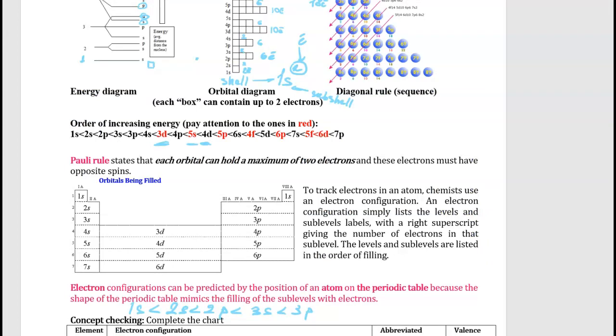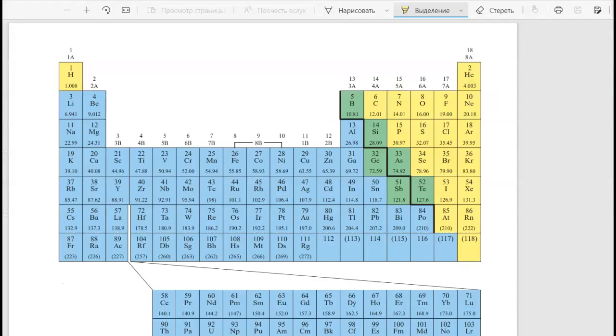Each element with the p subshell being built is located in the 3A, 4A, 5A, 6A, 7A, and 8A groups, or you can name them 13 through 18. It's the p block.